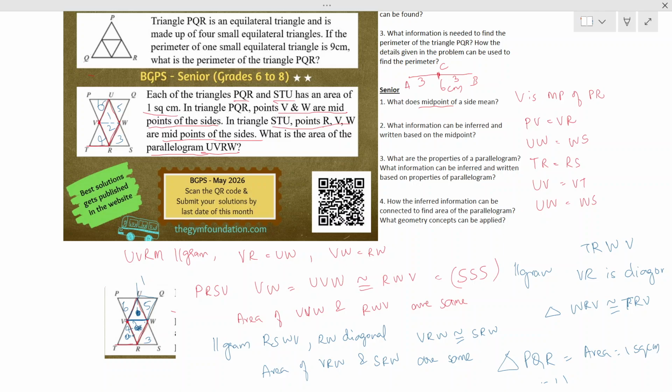But what else you can do with the given information is find similar parallelograms, by drawing the line VW. So this is the first important point: drawing the line VW and applying the property of a parallelogram that the diagonal cuts the parallelogram into two congruent triangles. And what do congruent triangles mean, right? And comparing them with the area.